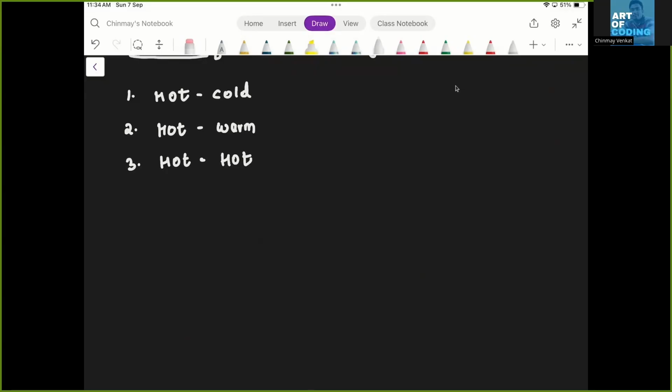Let's check the hot cold architecture. We have server one, and we have another server.